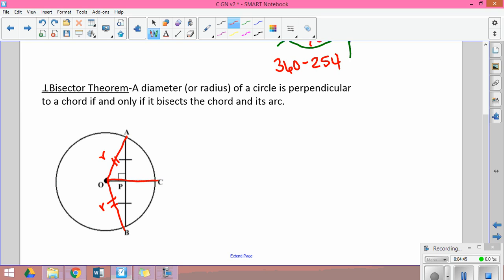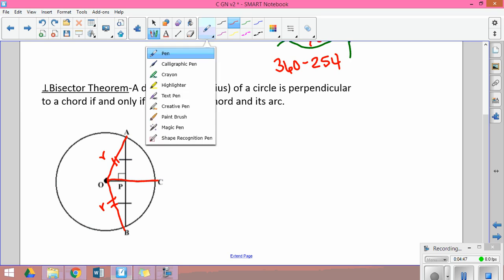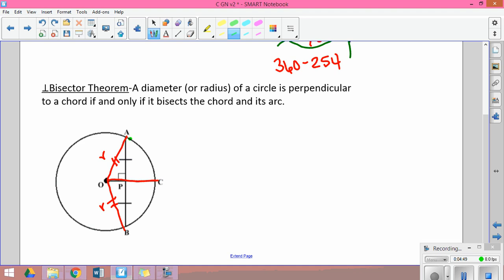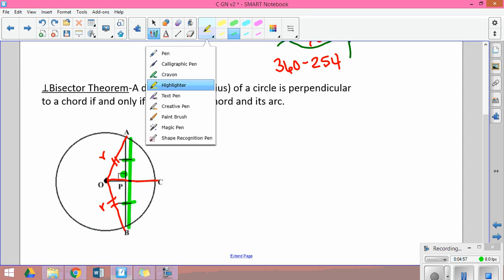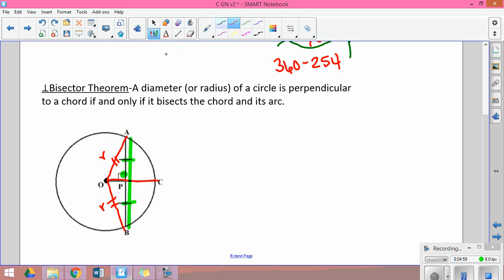So we see that holding true. So everything else that's true in here, that this gets bisected and there is a right angle, is basically from that perpendicular bisector theorem.